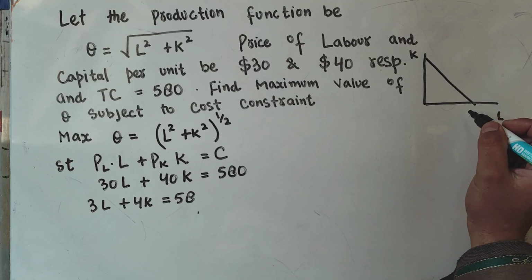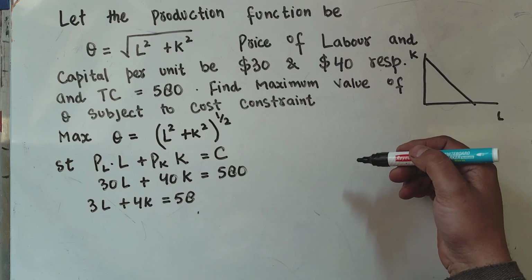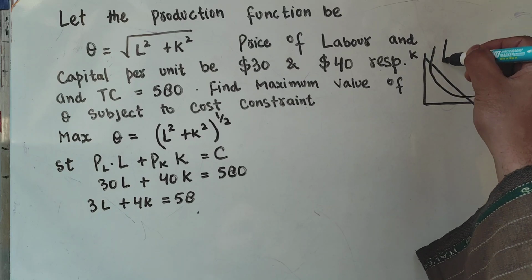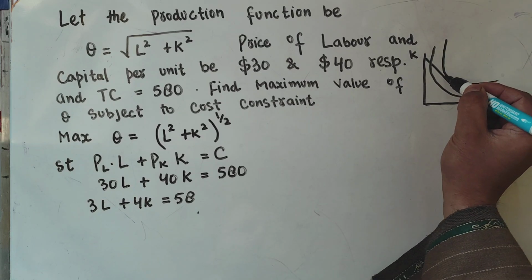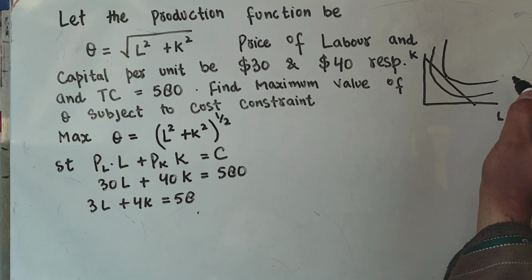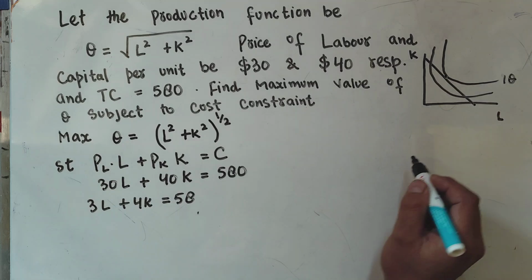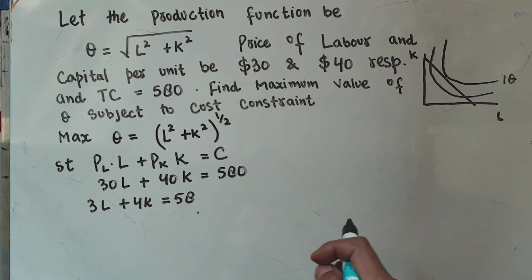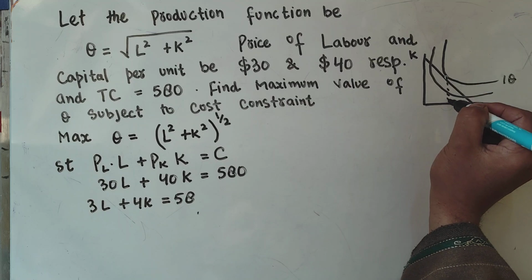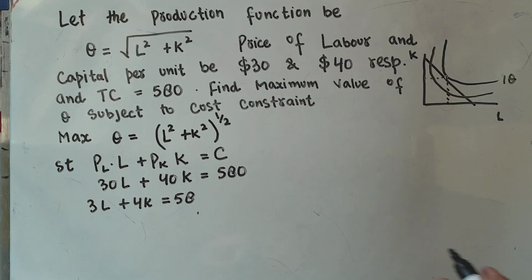The producer's aim is to maximize output, that is, he wants to reach the highest possible isoquant, and the maximum value of output will be at a point where the isoquant and isocost lines are tangent to each other. Okay, and it happens at this point where isoquant and isocost lines are tangent to each other.